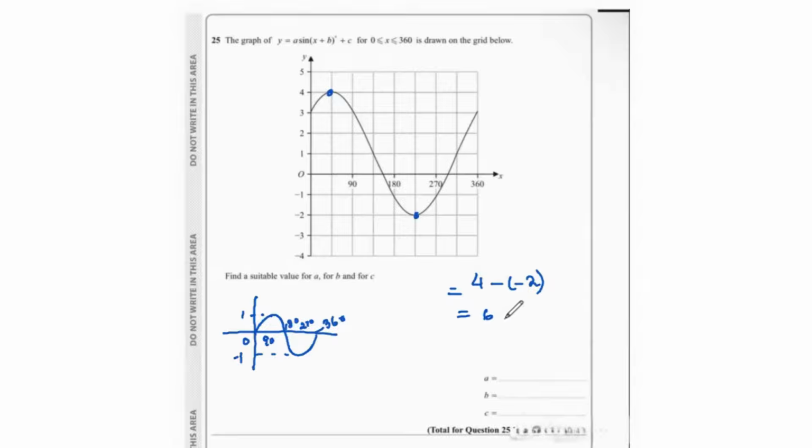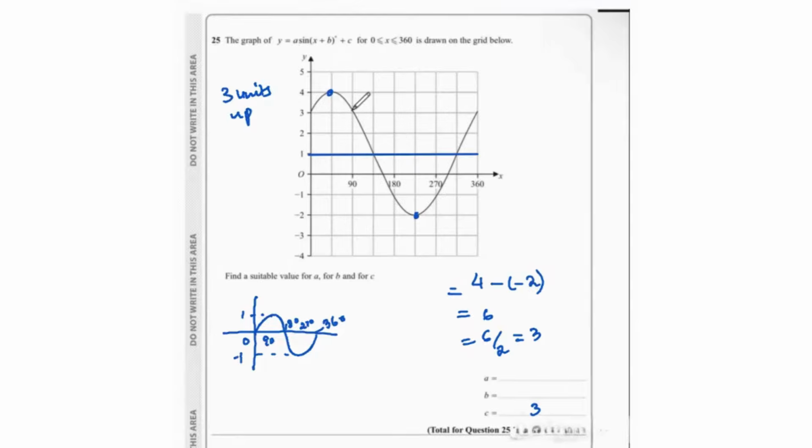And if we divide 6 by 2, that is 3, which means the x-axis is at y equals 1 now. The graph has shifted 3 units up. So 3 units up, which means that is your c value: 3, because c represents your vertical transformation.